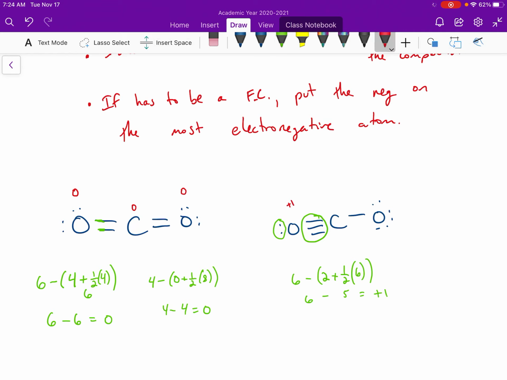So that means this oxygen has a positive 1 formal charge. Carbon, valence of 4, 0 non-bonding, 1/2 of all the bonded, which is 8. 4 minus 4 equals 0. Carbon is 0.